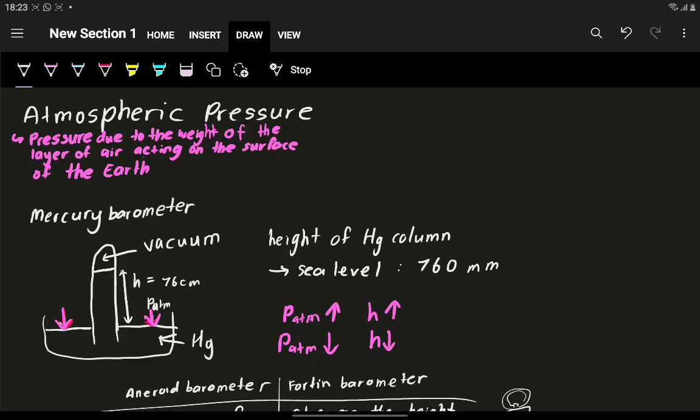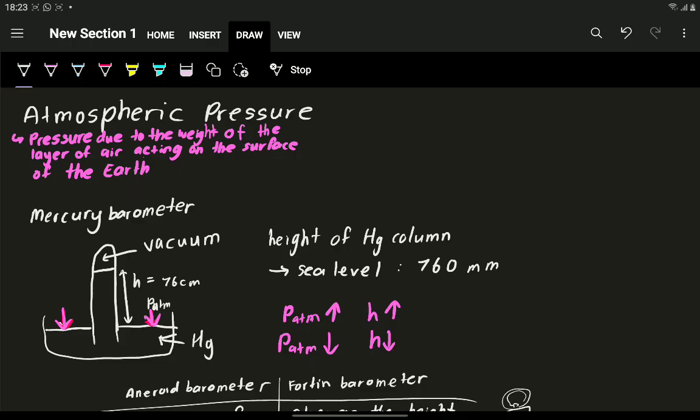Okay, so the definition of atmospheric pressure is the pressure due to the weight of the layer of air acting on the surface of the earth. So basically in the air of the atmosphere, there are air molecules, and air molecules have mass. Anything with mass has weight, and weight is a type of force.